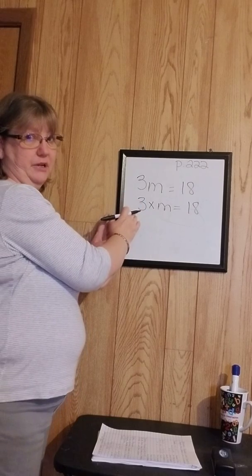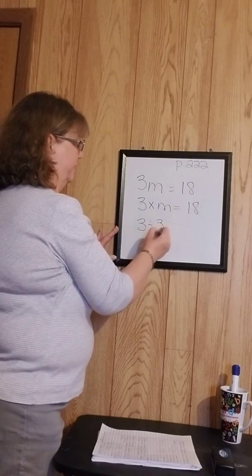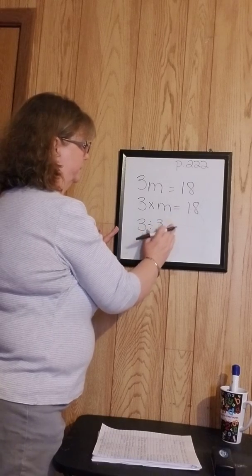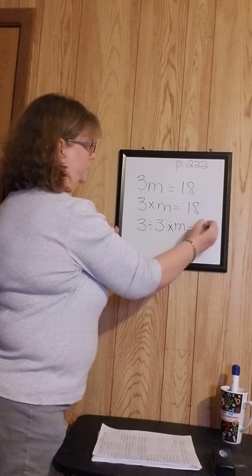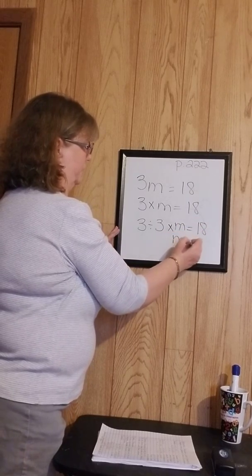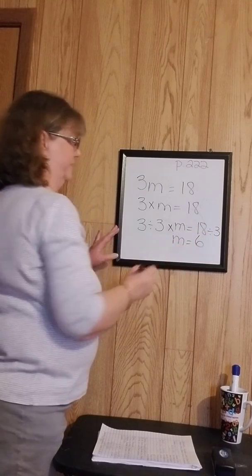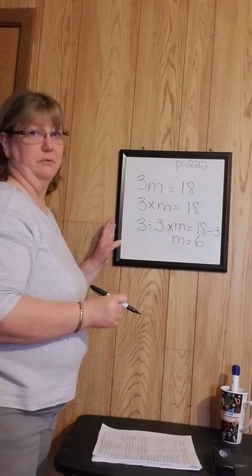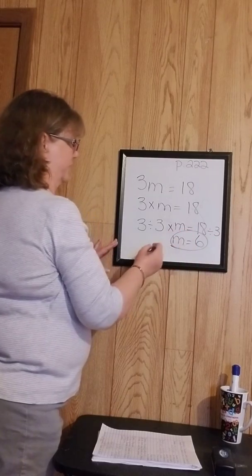In order to get rid of the 3 here, I've got to divide by 3. So m equals 6. Same problem, and this is my same answer.